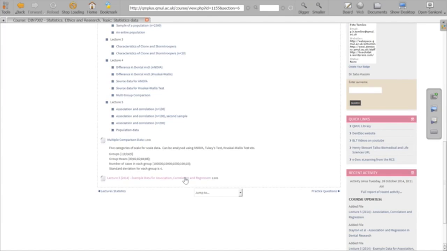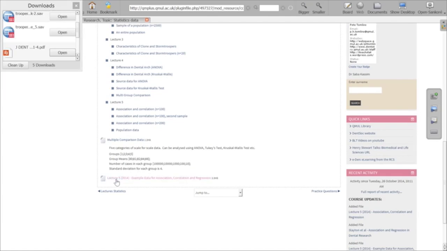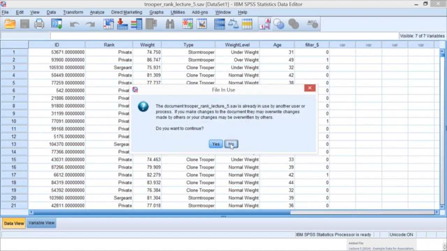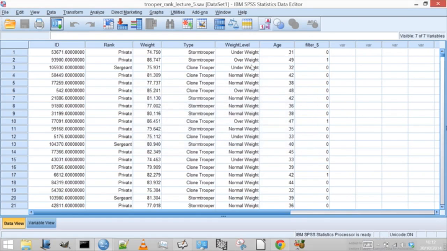And when we click on that, fortunately, I pre-opened it all, so it opens up very quickly on my machine. You should download and see something that looks like this. So this is an extension of the file that we looked at last week.